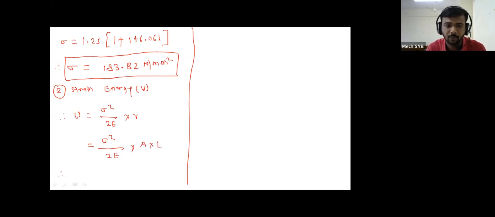So now simply we have to put in the values. Sigma we just calculated: 183.82 square divided by 2 into 200 into 10 raised to 3 into area, which is 400, into length, which is 1500.